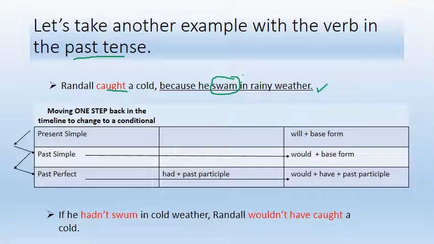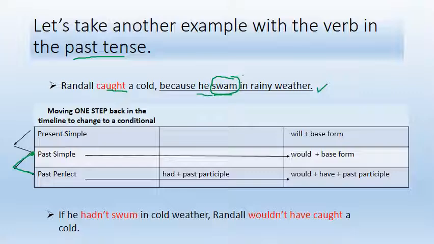So we are basically here. Okay, step 2, move one step back in the timeline. Past simple becomes past perfect. And let's go horizontally. So if Randall, okay, hadn't, okay, swam, in the past perfect, had swum.